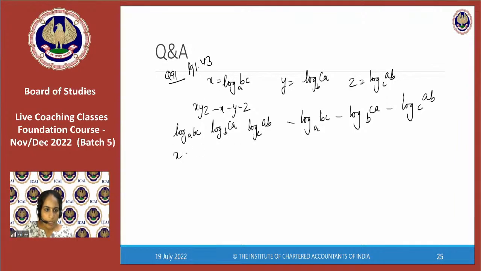Okay, can I rewrite x as log BC with the base A as log B plus log C with the base A?